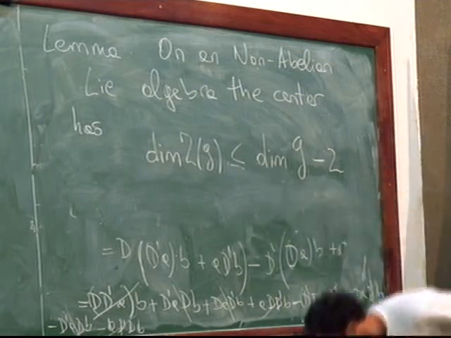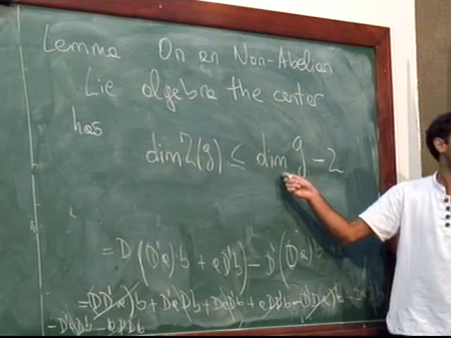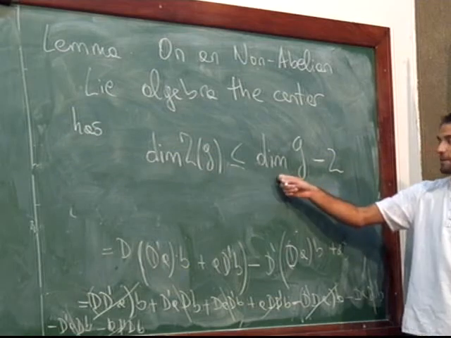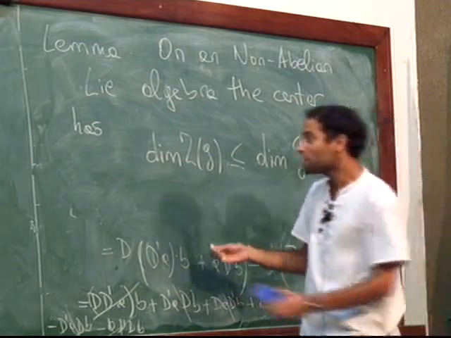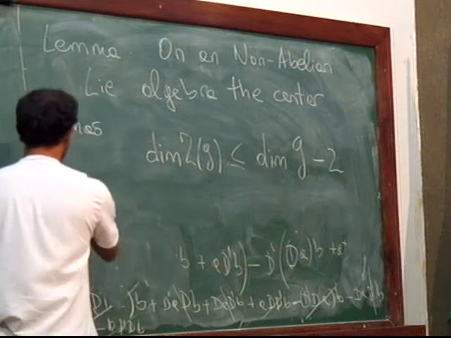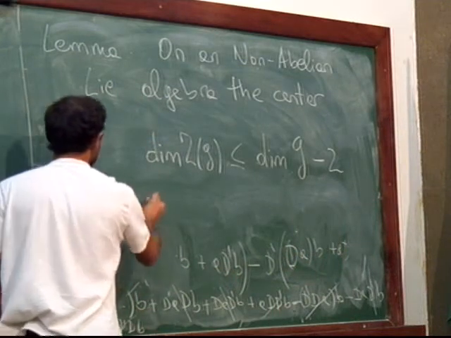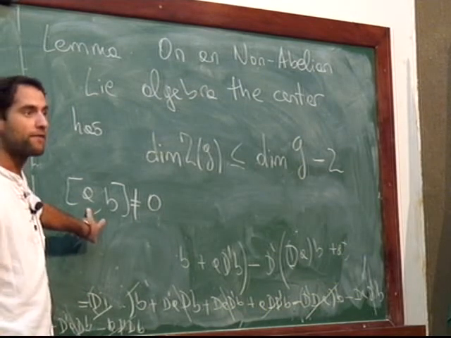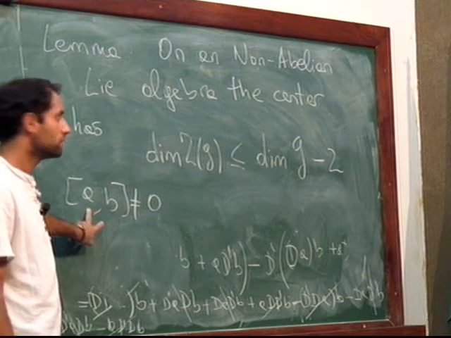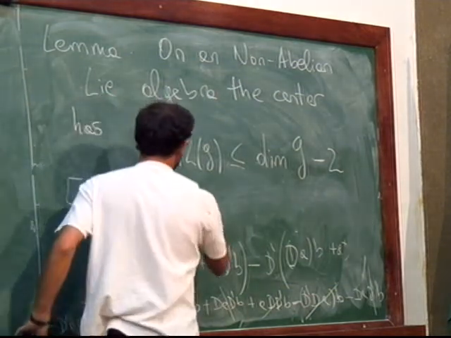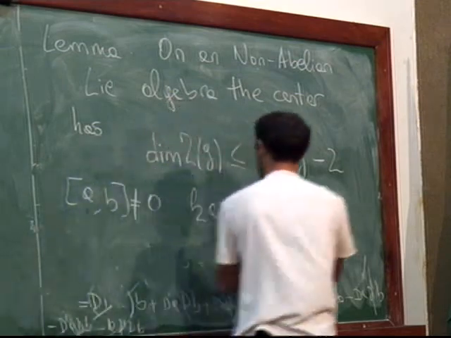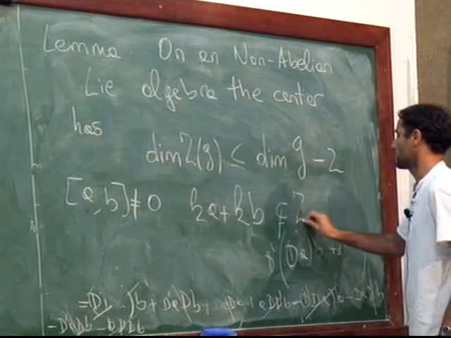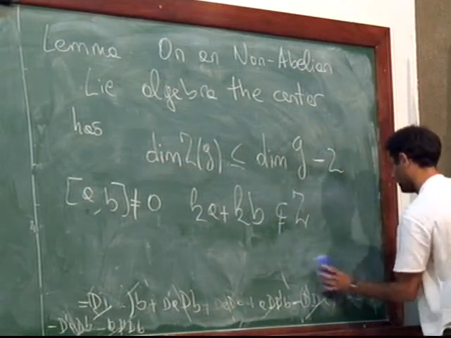Well, if it's non-abelian, the dimension of the center cannot be equal to the dimension of G. So I need to check that it's not the dimension of G minus 1. But if it's non-abelian, there are two linearly independent elements, say A and B, such that this bracket is non-zero. But then these two are not in the center. So we have a subspace of dimension 2, the space generated by A and B, that is not in the center.